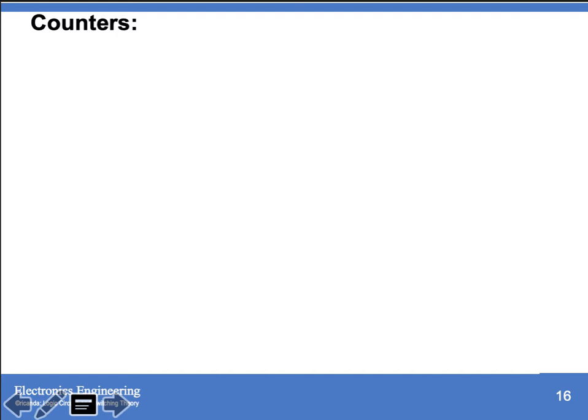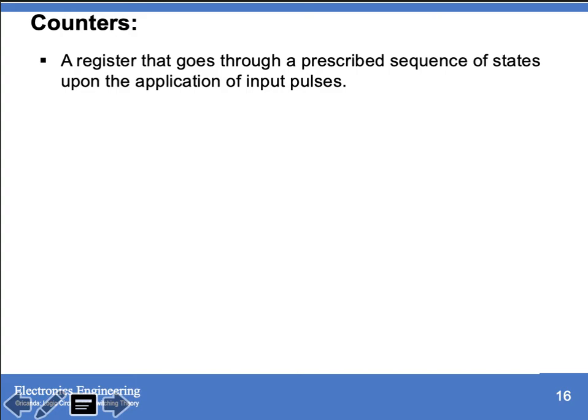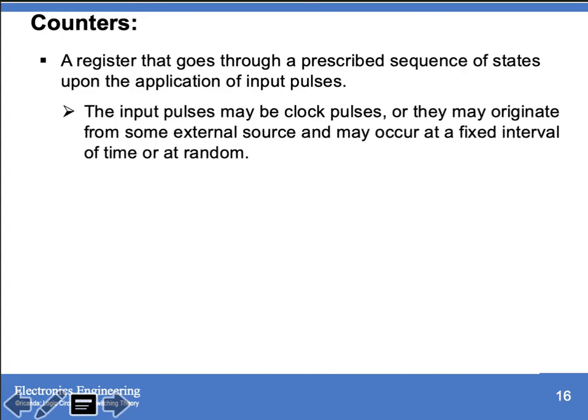Then for our counters, it is a register that goes through a prescribed sequence of states upon the application of input pulses. The input pulses may be a clock pulse or may originate from some external source, and may occur at a fixed interval of time or at random. The sequence of states may follow a binary number sequence or any other sequence of states.